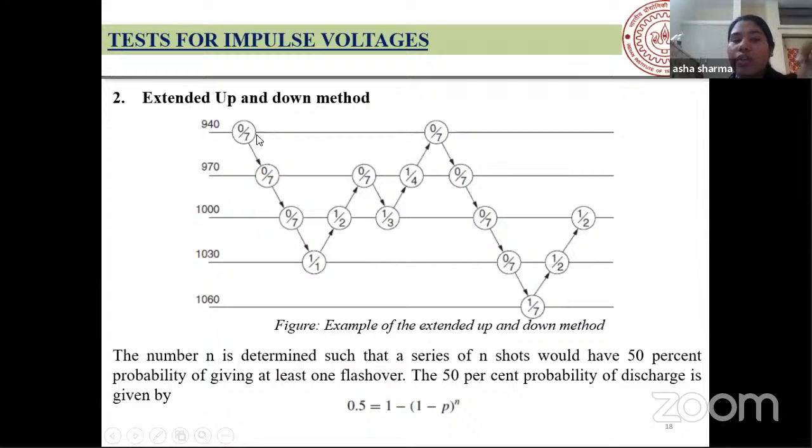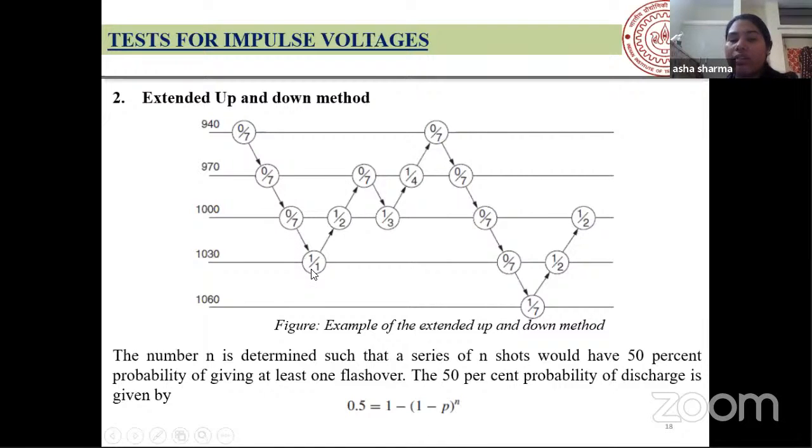Out of 7 shots, if the specimen sustains all the shots, meaning there is zero breakdown, then the voltage is raised, let's say to 970. Again there is zero breakdown for these 7 shots, so it is raised again, and again. In this way it is raised.